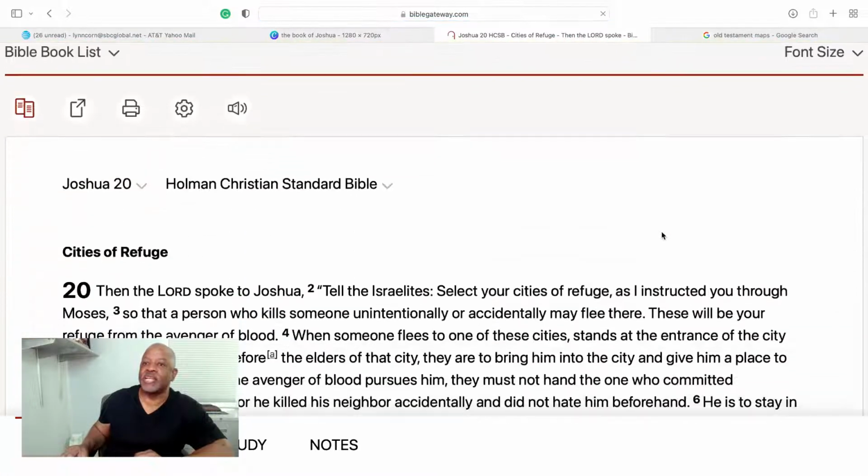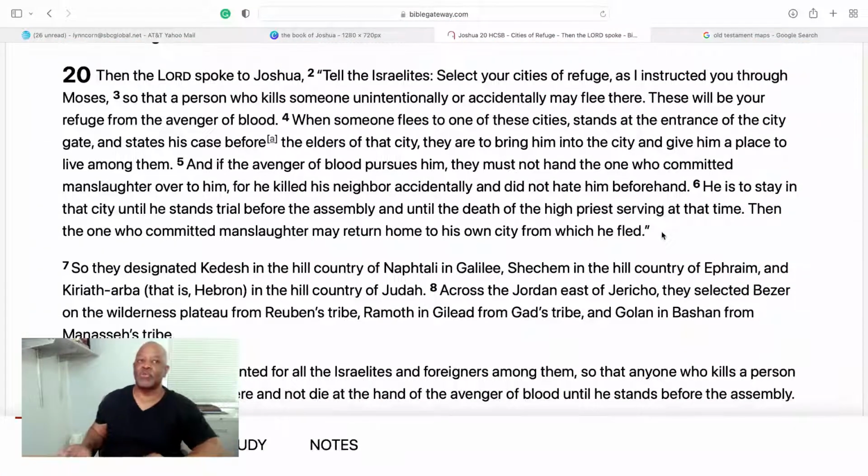Chapter 20, and then it says here, so you have all this land that's divided by the tribes. Then he says, the Lord spoke to Joshua. Verse 2, tell the Israelites, select your cities of refuge as I instructed you through Moses. Now remember, these cities of refuge were going to be selected throughout the land.